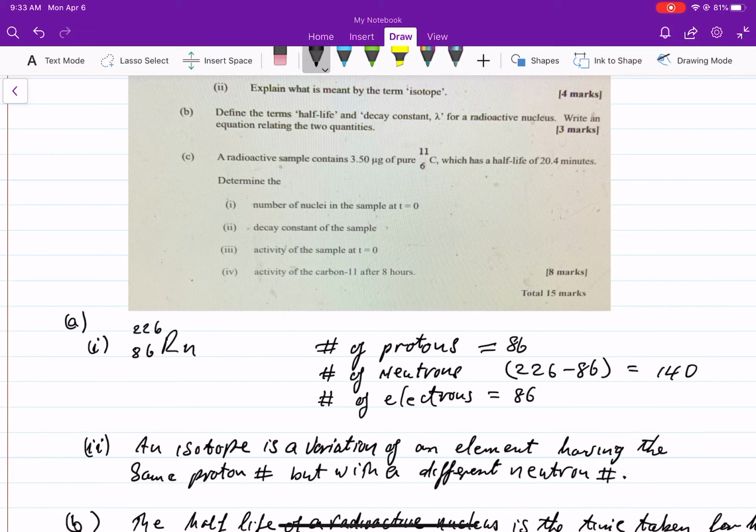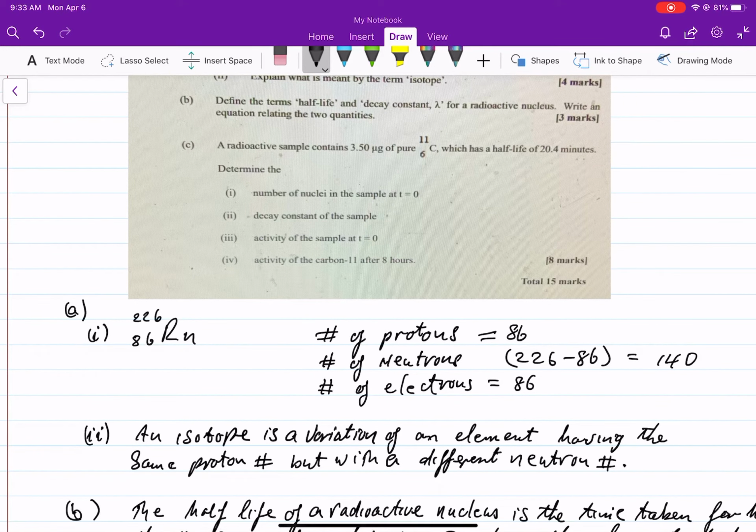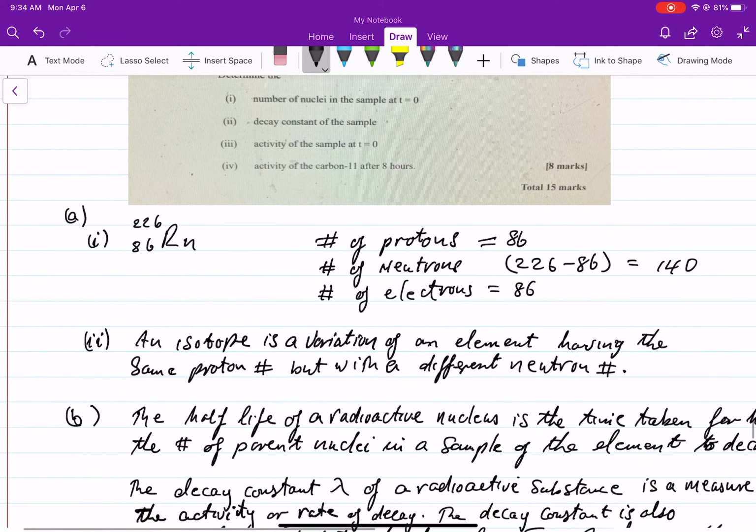And in an electrically neutral atom, the number of electrons must match the number of protons. Electrons are negatively charged, the protons are positively charged, and they have the same amount of charge, 1.602 times 10 to the minus 19 coulombs. So the number of protons must match the number of electrons for you to have an electrically neutral atom.